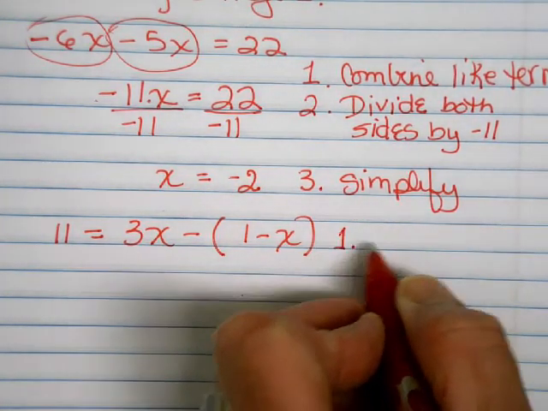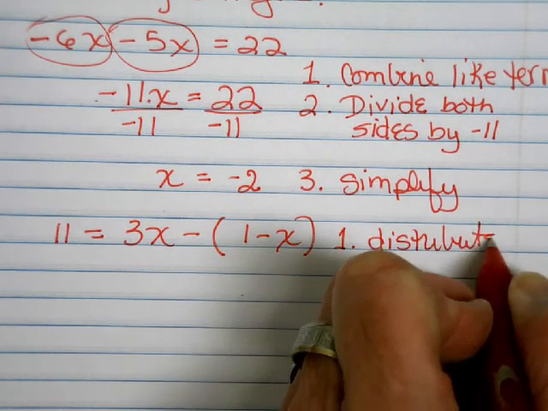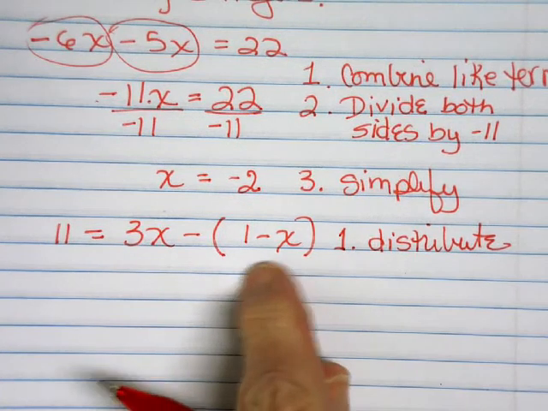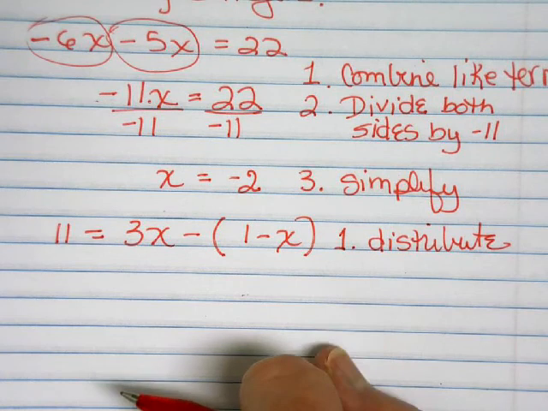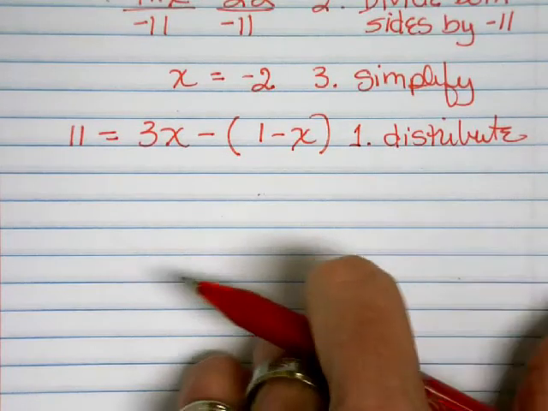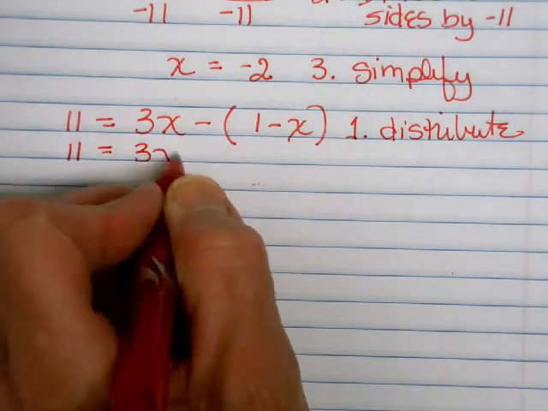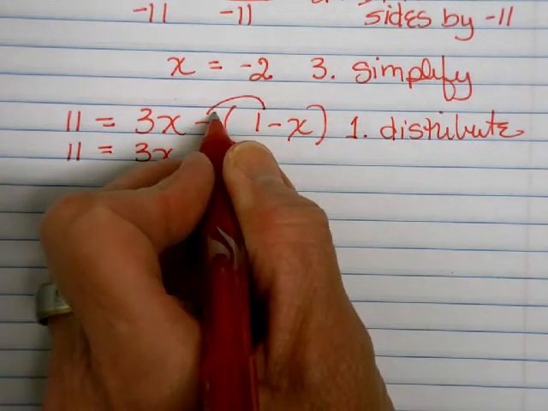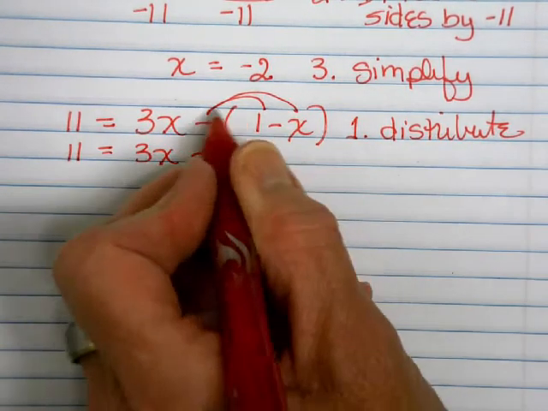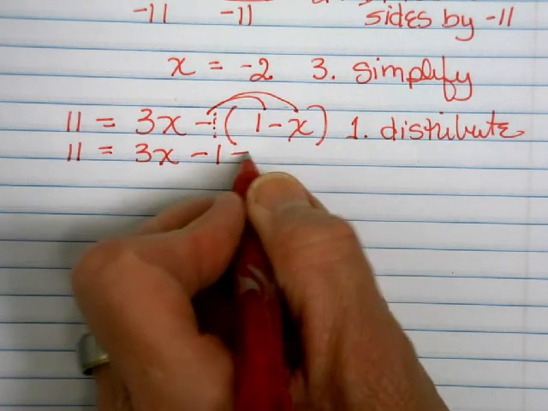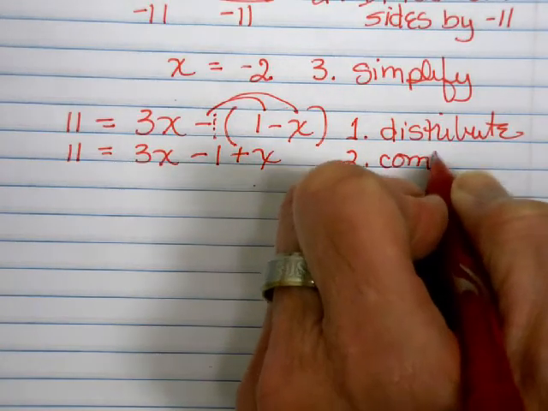So step number 1 here is distribute. Sometimes you can put together what's in the parentheses, sometimes you can't. That's what makes algebra difficult. Every problem is different. Only the patterns. You can only follow the laws of the universe. This is really a -1 here. So I'm distributing a -1 times a 1 and a -1 times a -x. Step number 2, combine like terms.